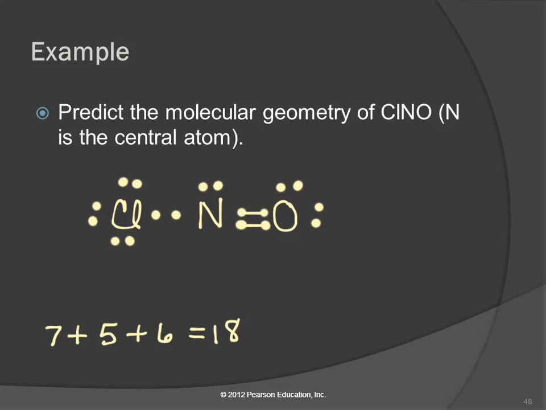That's the first step in predicting molecular geometry, is to draw the Lewis structure. Now we're going to look at the central atom, and we're going to say how many groups of electrons are around it. 3. There's a single bond here. Maybe I should draw that in. Single bond, and a lone pair, and a double bond.